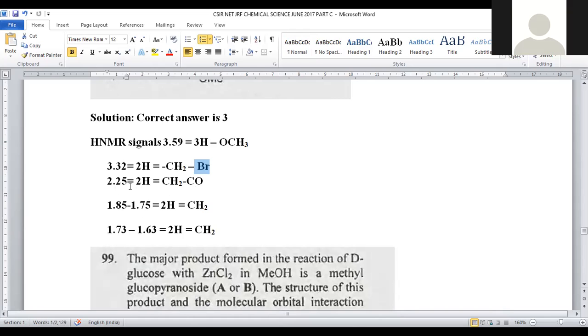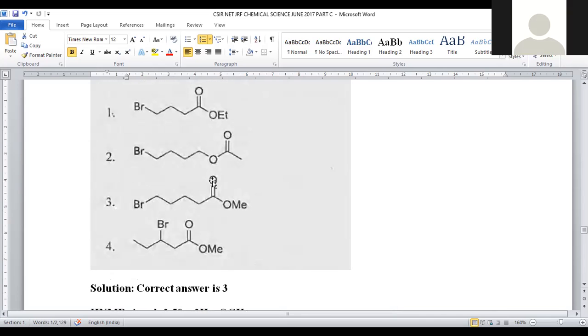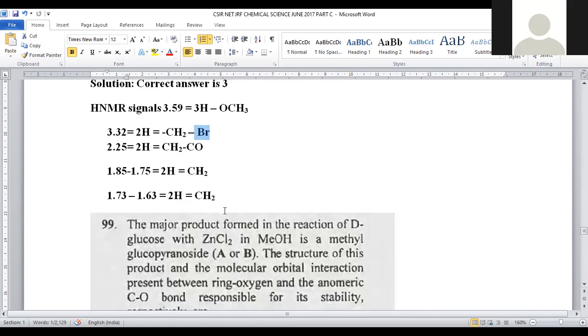And next is 2 hydrogens at 2.25. 2.25 is also downfield. In general, methyl group and methylene group peaks appear near 1 ppm only, right? But in the case of 2.25, what does it imply? There is an attachment with some electronegative group. That's why 2.25, 2 hydrogens, corresponds to CH2 directly linked to C double bond O. This CH2 corresponds to 2.25 because it is adjacent to the carbonyl functional group.